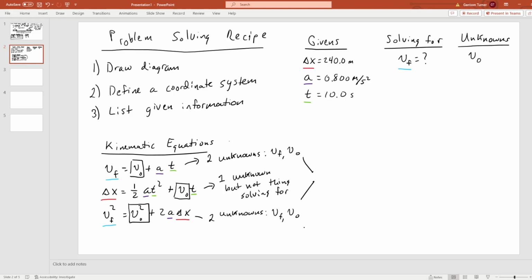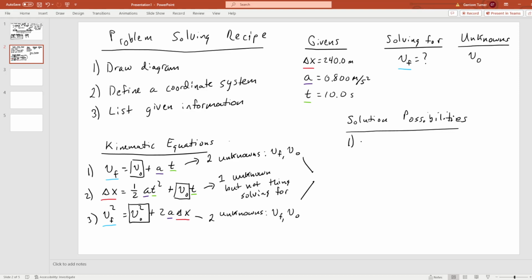Now, technically, you could solve equation 1. Okay, so let's actually kind of map this out. Solution possibilities. And let's label these equations 1, 2, and 3.